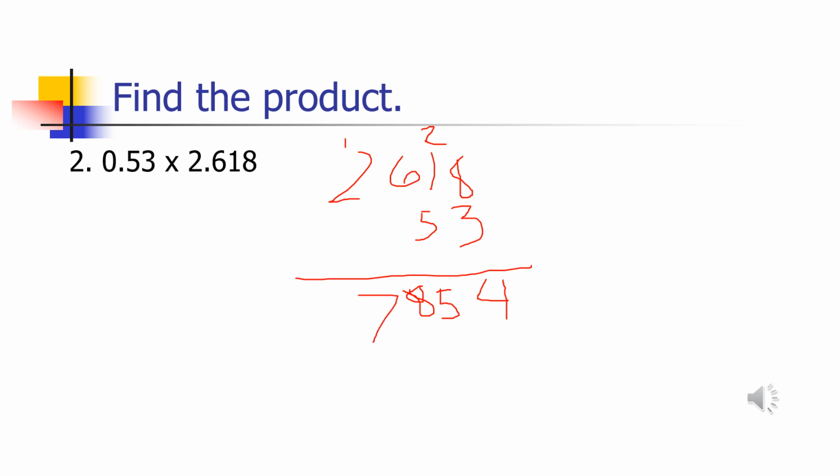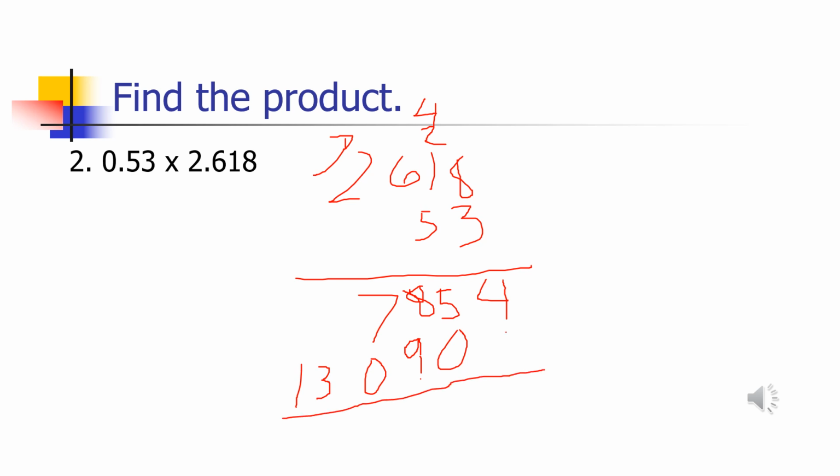Then 5 times 8 is 40, so bring down 0, carry 4. 5 times 1 is 5 plus 4, 9. 5 times 6 is 30, so bring down 0, carry 3. 5 times 2 is 10 plus 3, 13.